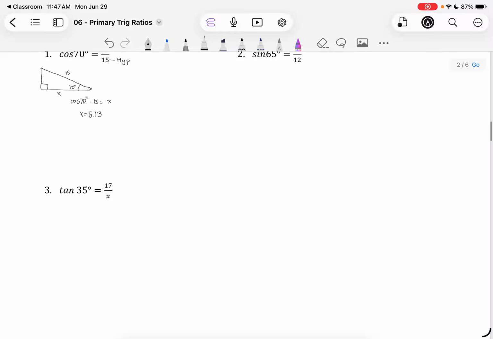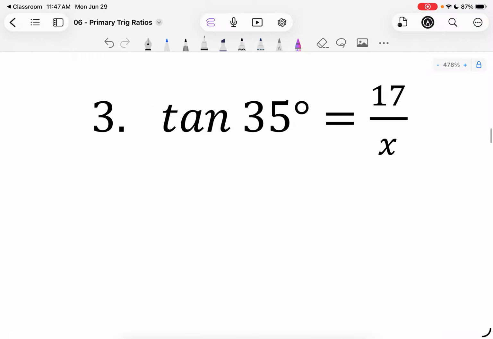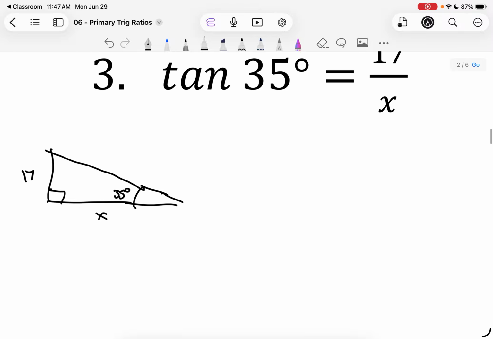We could try this other one right here, which is tan 35. This angle is 35, and the side is 17, so we will move this around. x equals 17 over tan 35.